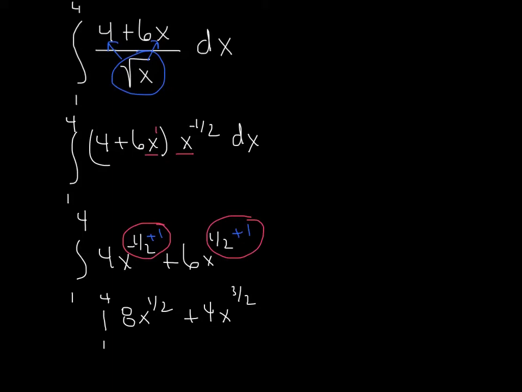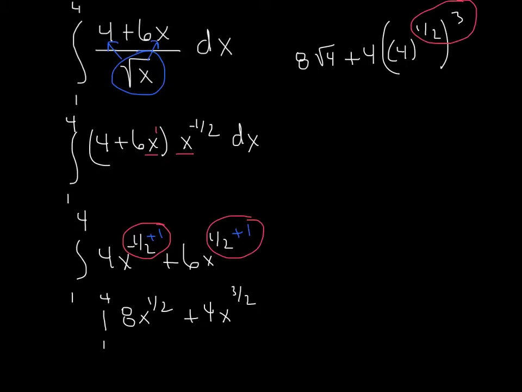Alright, so if you plug in 4, you're going to get 8 times the square root of 4, really, plus 4 times 4 to the 3/2 power. And I'm going to write the 3/2 power as 1/2 to the 3rd, because you are still multiplying exponents when you have an exponent to an exponent, so that gives me 3/2.